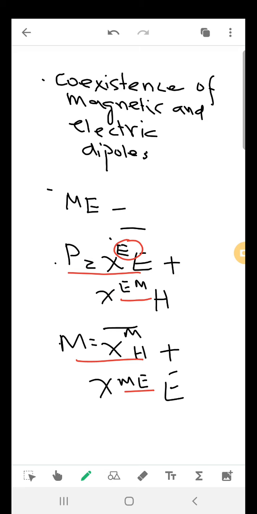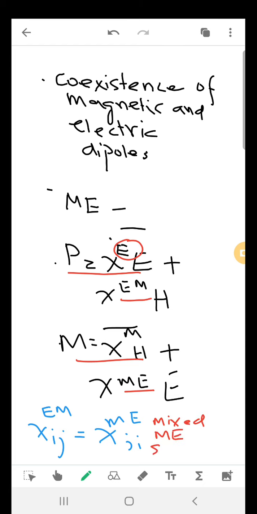And the interesting one is chi ij EM, which is equal to chi ji ME. It means these are tensor quantities, and these are the mixed magnetoelectric susceptibility.